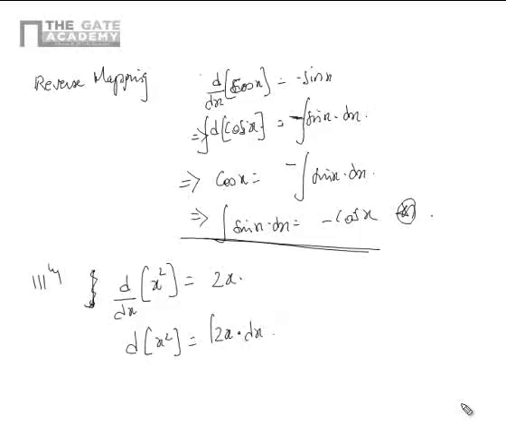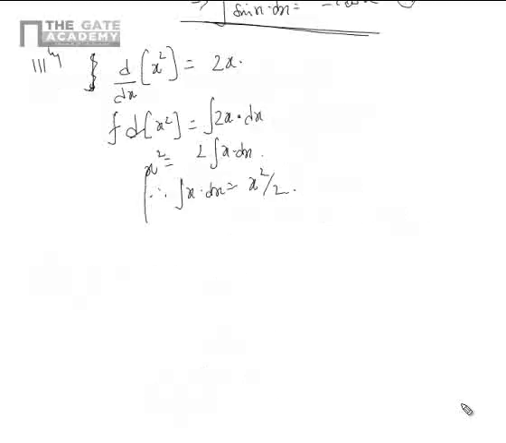So if I integrate both sides, d and the integral get cancelled. x square is equal to integral of 2x dx, therefore integral x dx is nothing but x square by 2. It's an important result.